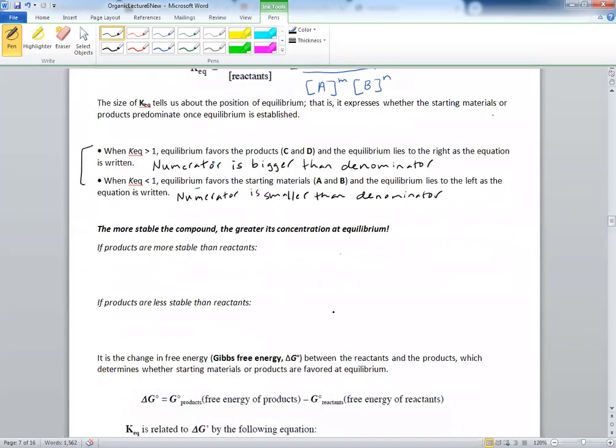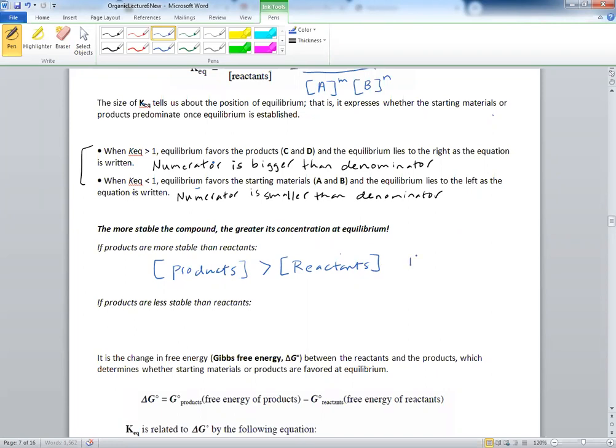Now, how do we relate this to stability? So it goes like this. The more stable the compound, the greater its concentration at equilibrium. So again, if it is more stable, then we are more likely to form that compound. So if the products are more stable than reactants, this can only indicate that the concentration of the products is greater than the concentration of the reactants.